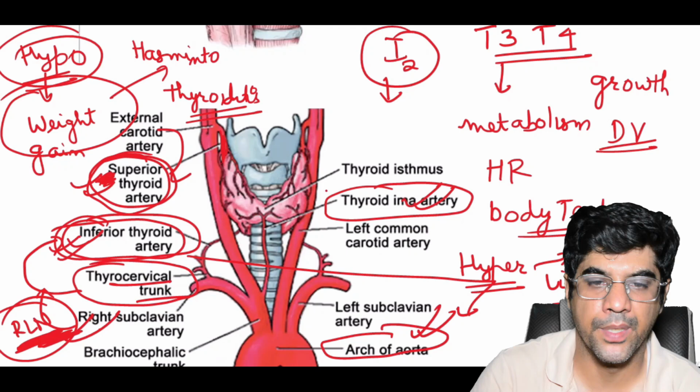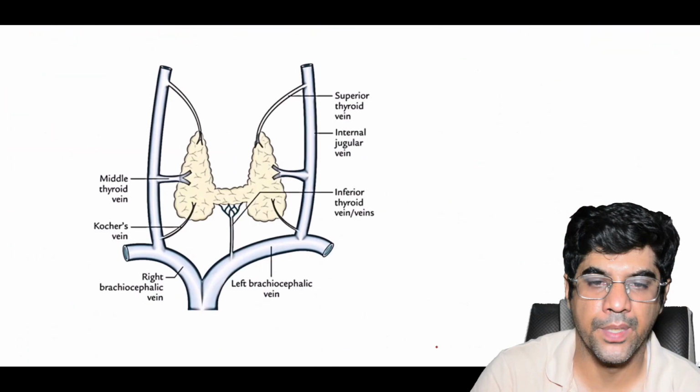Apart from that, if there is a presence of thyroid ima artery, one can expect unexpected bleeding during surgery involving the lower part of the thyroid gland because it is a branch of the arch of aorta.